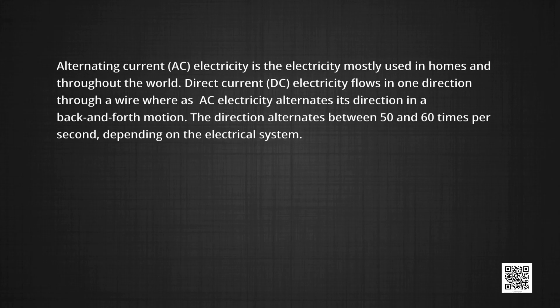In the other one, direct current, DC electricity flows in one direction through a wire, whereas AC electricity alternates its direction in a back and forth motion. The direction alternates at 50 or 60 hertz, that is 50 or 60 times per second, which depends on the country or different parts of the world.